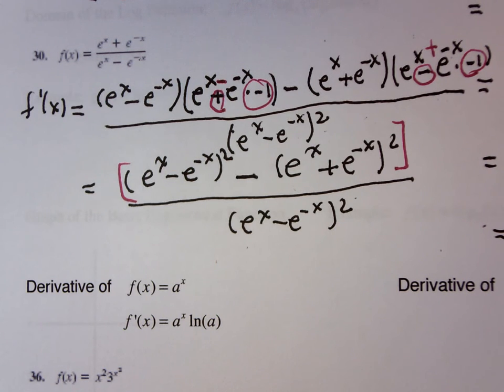Blob squared minus blob squared. What's blob squared minus blob squared? 0. No. Well, blob 1 squared minus blob 2 squared. Something squared minus something squared.